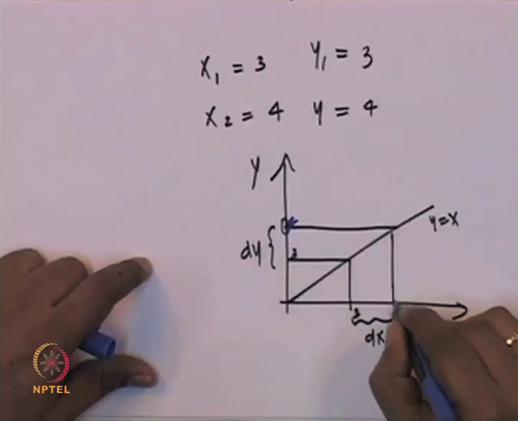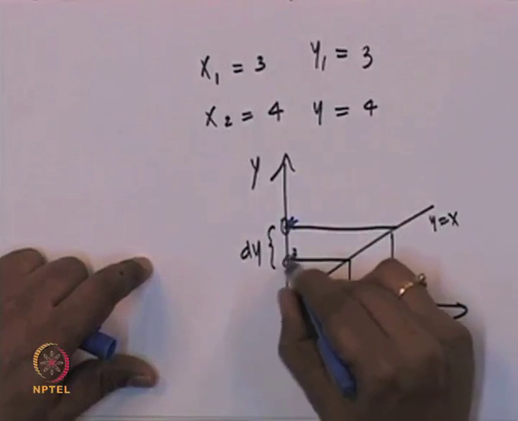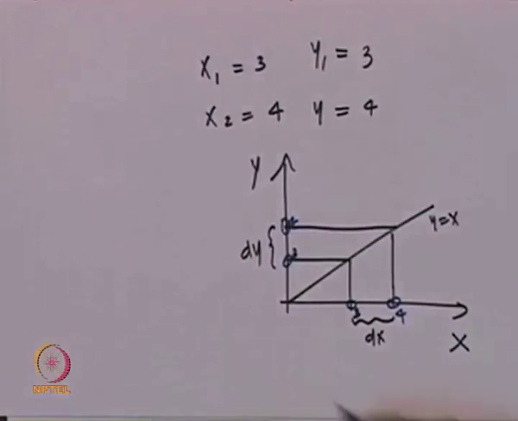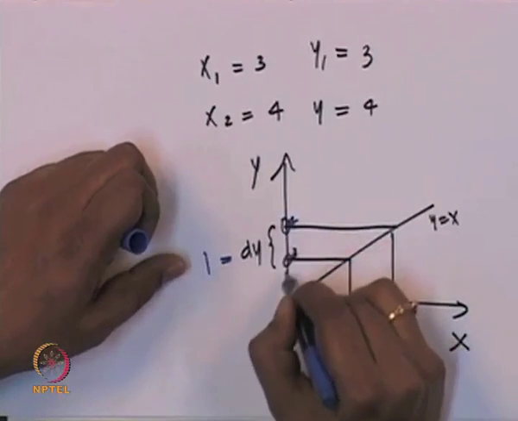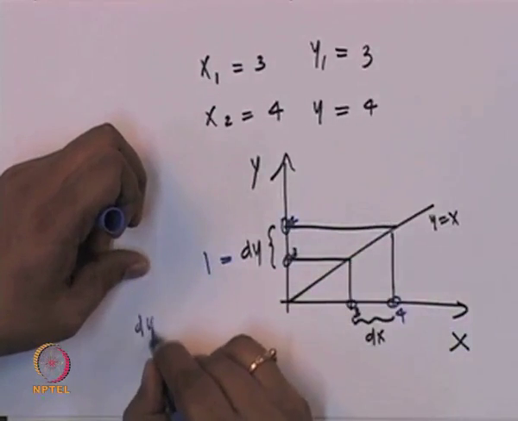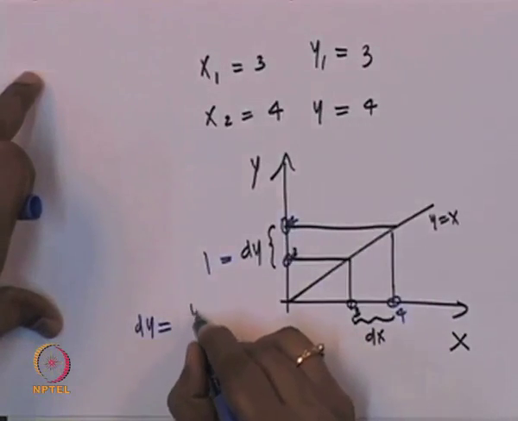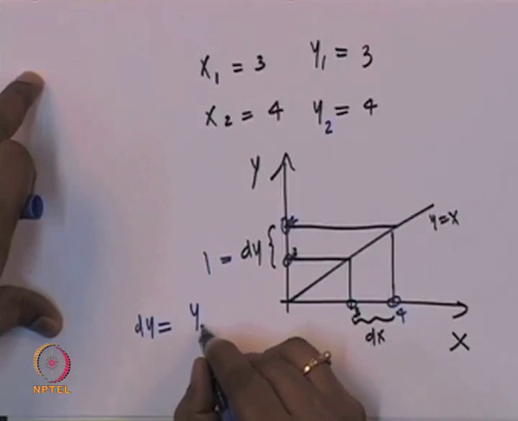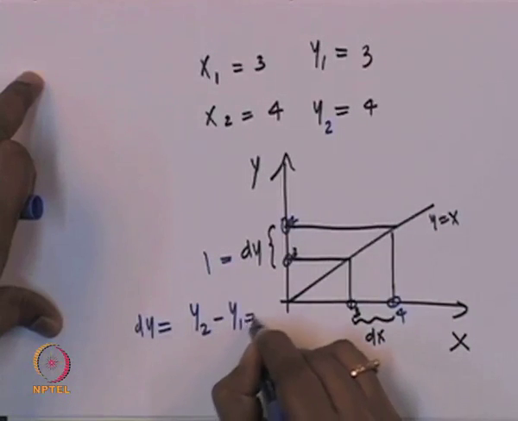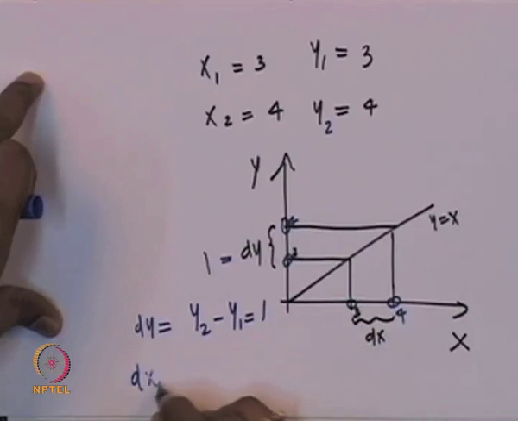So, dy here is 4 minus 3, which is 1. So, dy is y 2 minus y 1, which is 1, and dx is x 2 minus x 1, which is also 1.